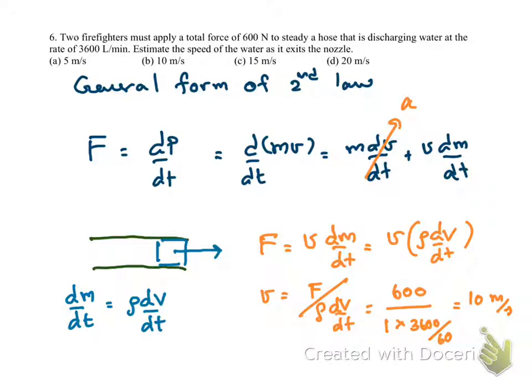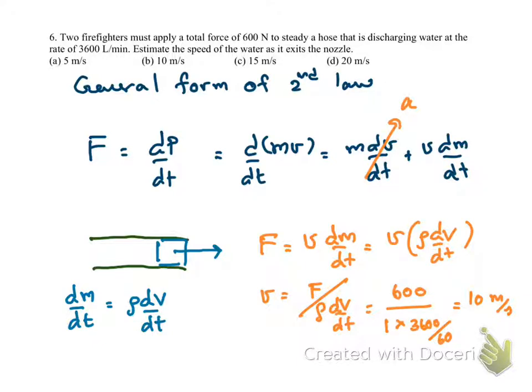But we can have a situation like in this problem, where the velocity of the object does not change. The water discharged from the hose goes with the same, constant speed. So the speed of the water does not change, but the mass of the water in the hose changes all the time. So in this case, dv/dt goes to 0, and we must have F equal to v dm/dt.